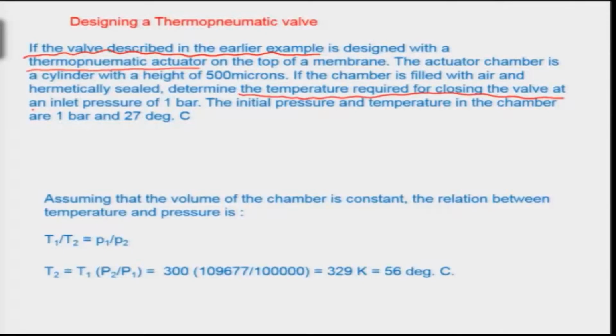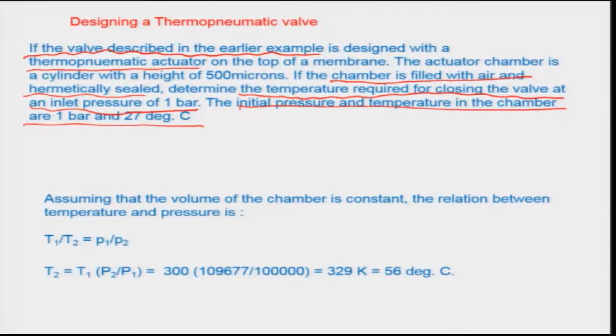We will assume the same inlet pressure of 1 bar as earlier, and we can assume the initial pressure and temperature of the chamber to be 1 bar and 27 degrees Celsius respectively. Obviously, we assume that the chamber is filled with air and hermetically sealed, so that there are no heat outlets from the system.